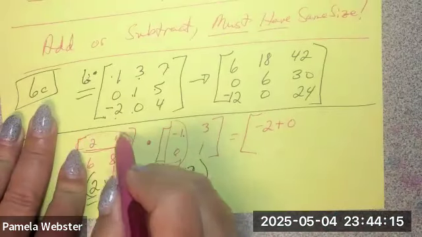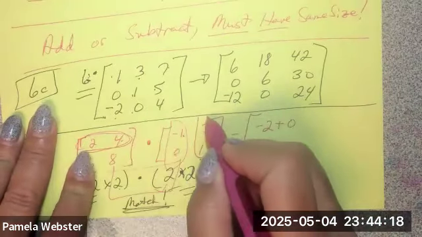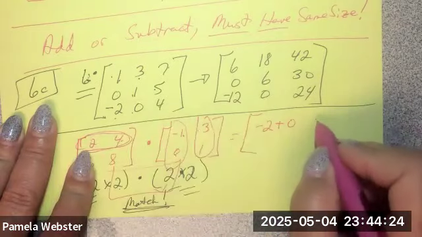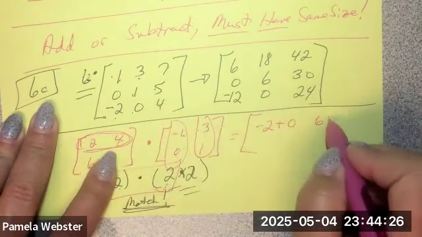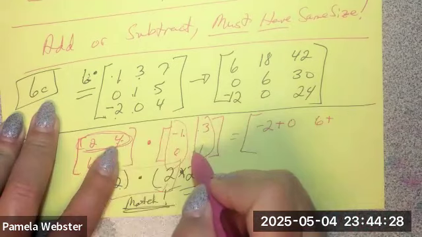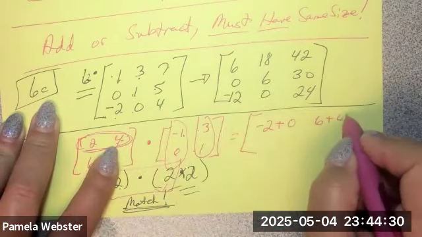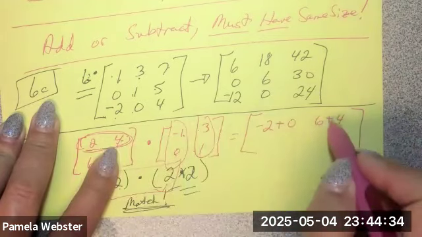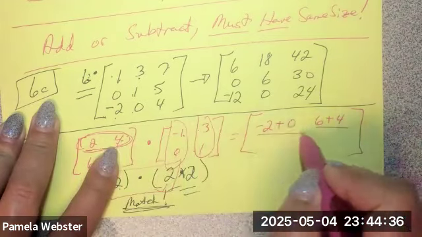Okay. Then it's first row times second column, and that will give me the piece that's going to be in the first row, second column spot. 2 times 3 is 6, plus 4 times 1, second times second, is 4. He goes right there. Okay.